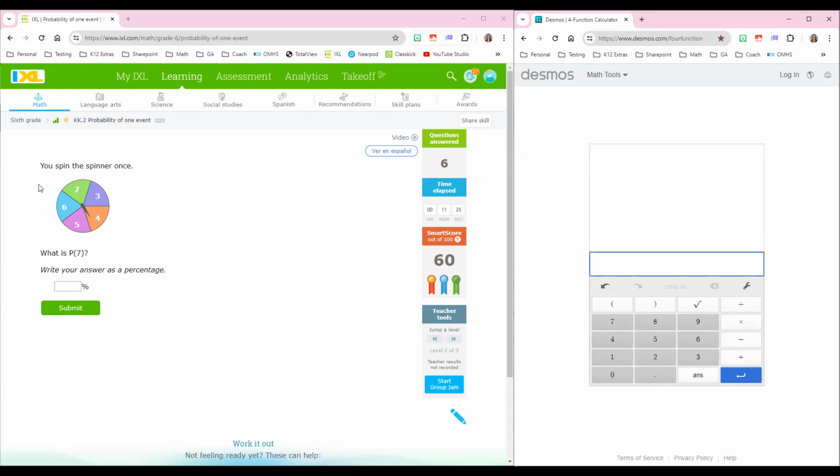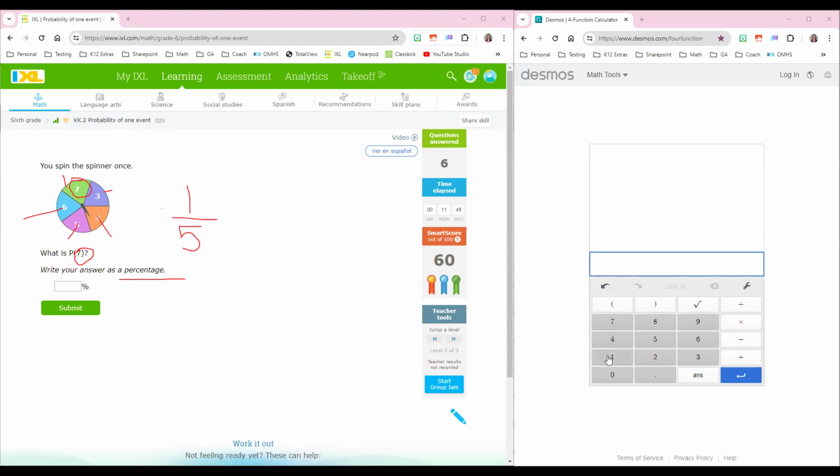What is the probability that it would land on the number 7? Well, when we look at this spinner, I see only one section here has the number 7. And then there are a total of 1, 2, 3, 4, 5 sections. So as a fraction, our probability is 1/5, but we want our answer as a percent.